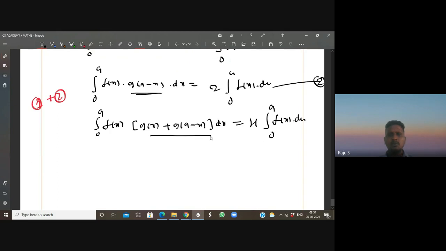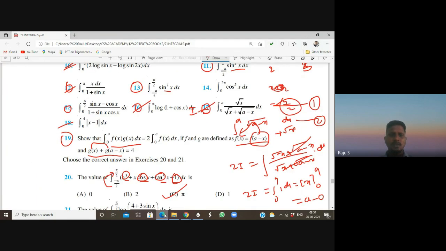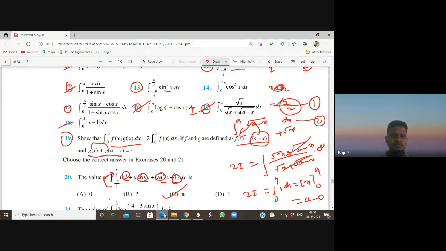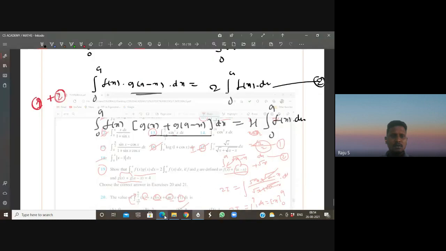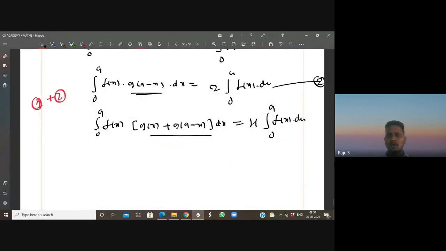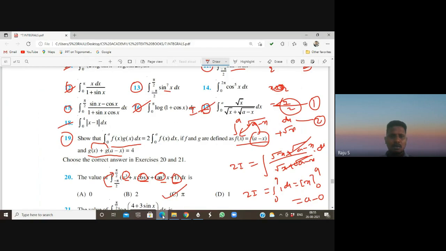Got it? What is the value of g of x plus g of a minus x? They have given it.